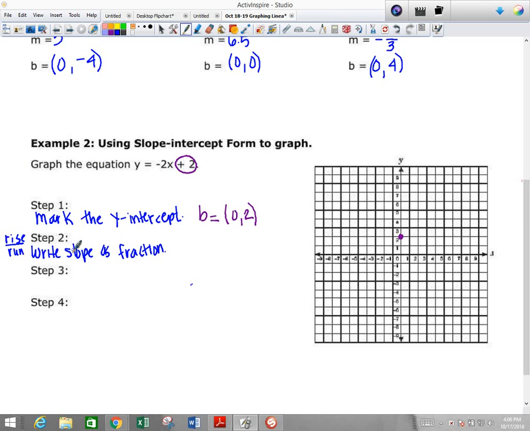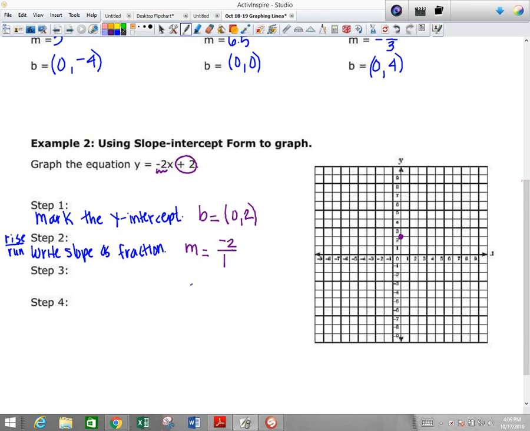So we want to make sure to rewrite our slope the same way. If we look at our equation, our slope is the number in front of x, so that means it will be negative 2. If we want to write that as a fraction, we write negative 2 over 1, because a whole number by itself is automatically over 1.